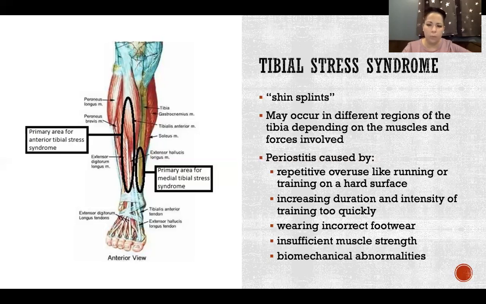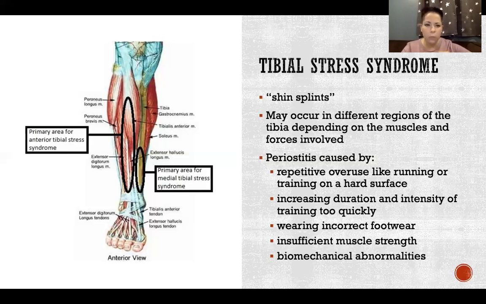Now, I want to emphasize that once somebody has tibial stress syndrome, the only way out of it is to stop the activity and allow it to heal fully before returning to the activity again.